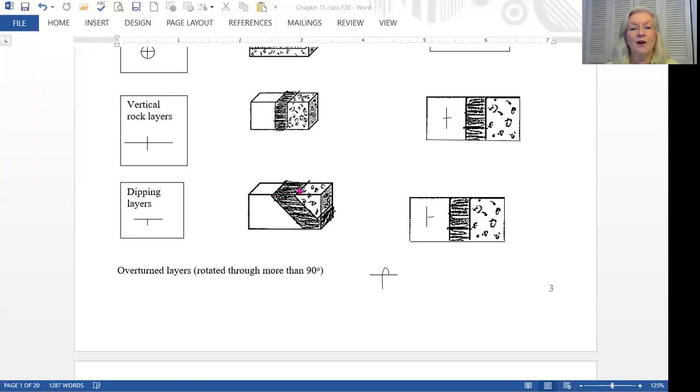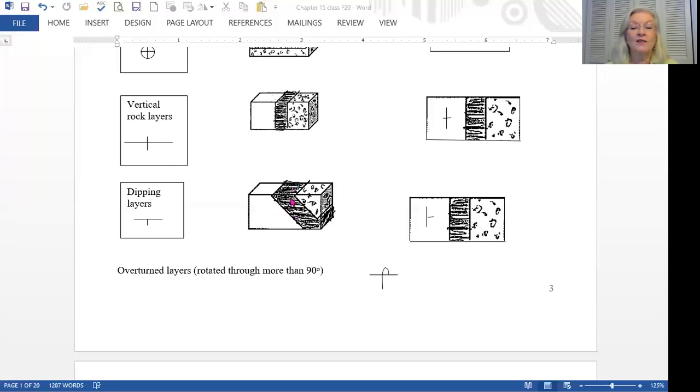If at the black rock we drill down and look on the left side, you can see we don't hit black anymore, we hit red. But if we look on the right side and we come down, we hit black all the way down.